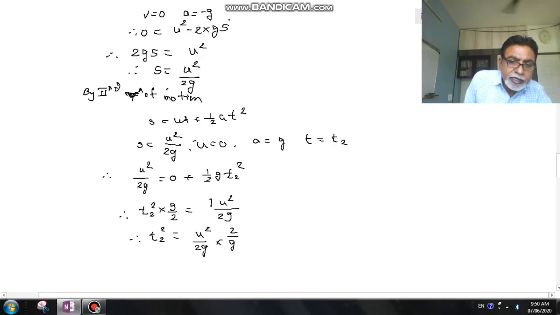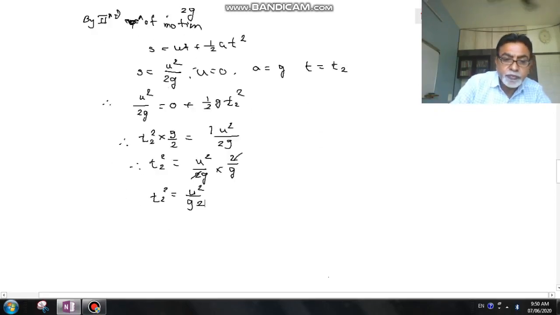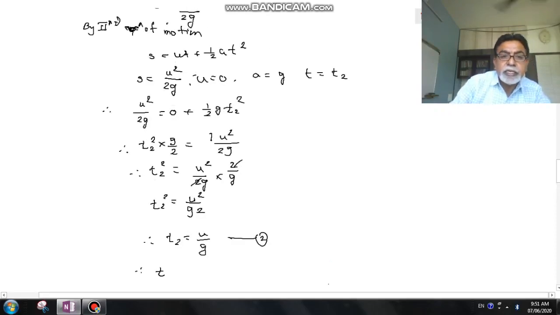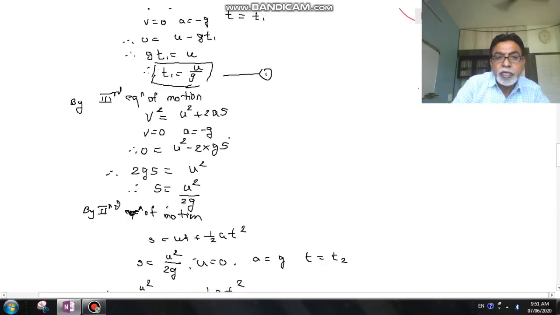We have cancelled the g upon 2 here, and so we get t2 square is equal to u square upon g square, and therefore taking the square root, t2 is equal to u upon g. This is equation number 2, and compare this with equation 1. Look here, here is equation 1. What is equation 1? u upon g.